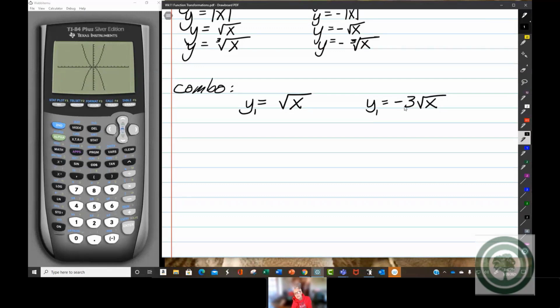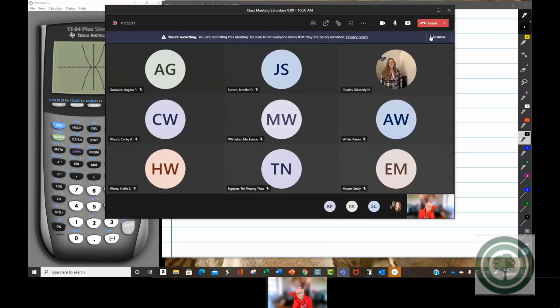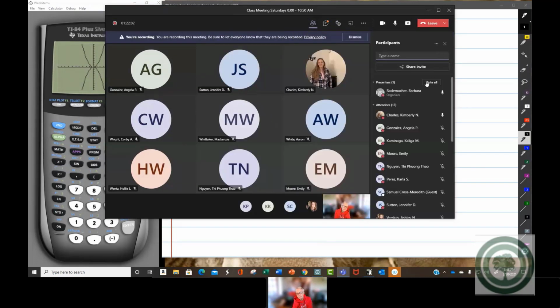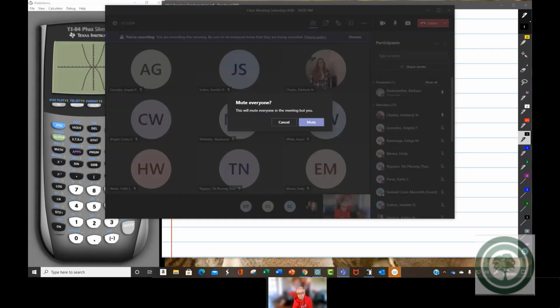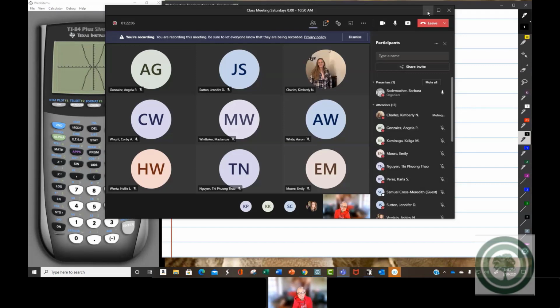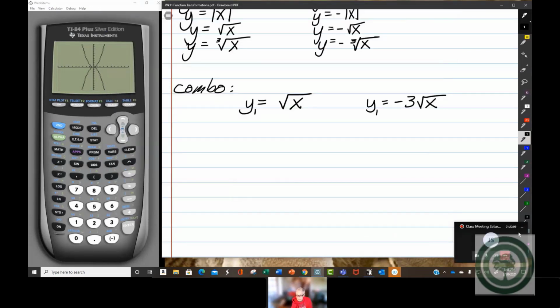You would be tempted to say that the vertical stretch is negative 3. Vertical stretch is negative 3, it's not.